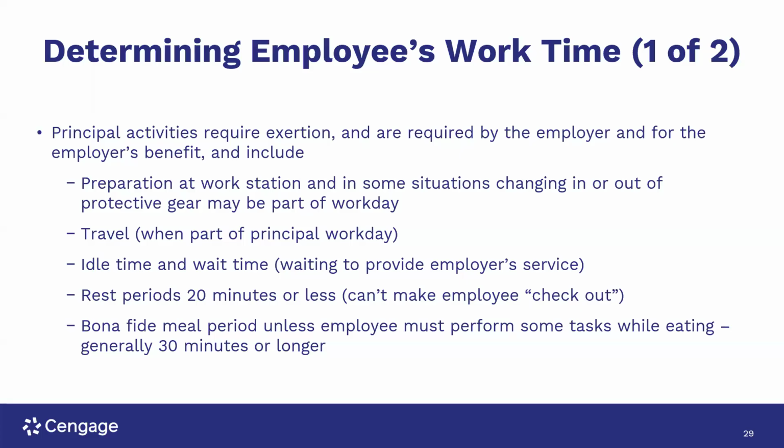The principal activities are preparation of the work statement, preparation of the workstation, or changing in and out of gear, travel, idle and wait time, and rest periods of 20 minutes or less. The employer can't make the employee check out for these. And then there's the bona fide meal period, unless the employee must perform some tasks while eating, so generally 30 minutes or longer.